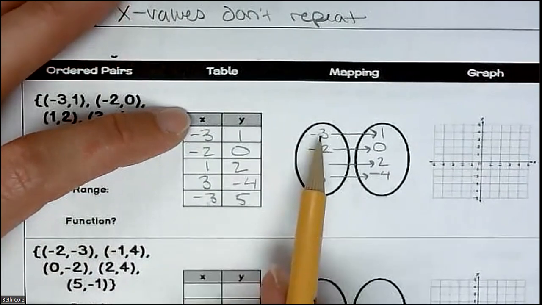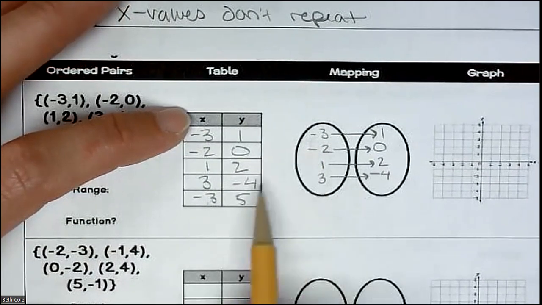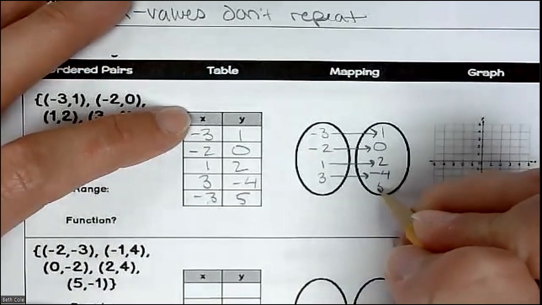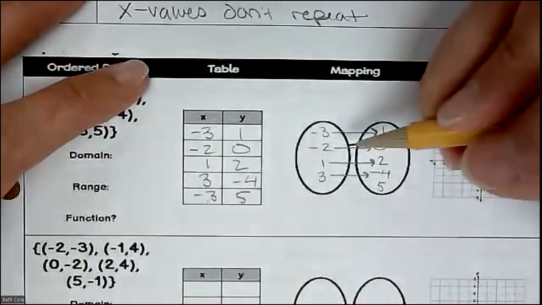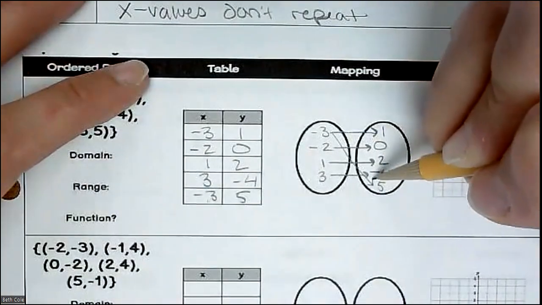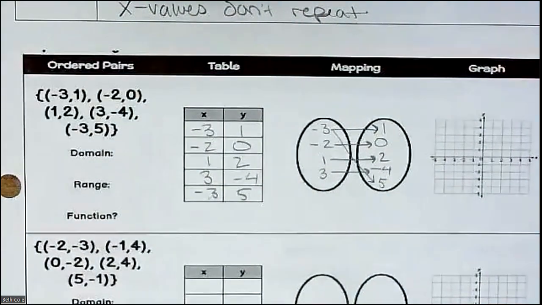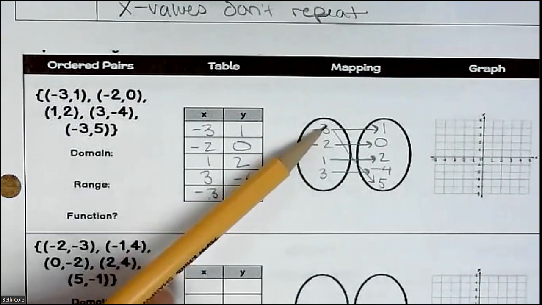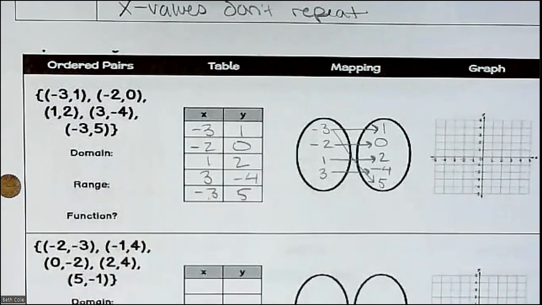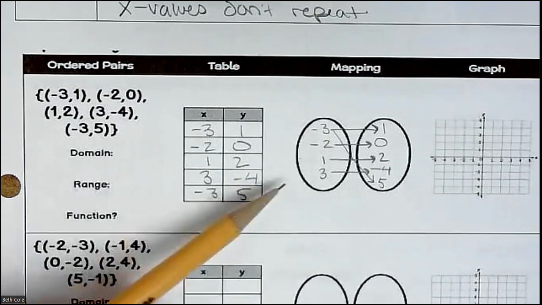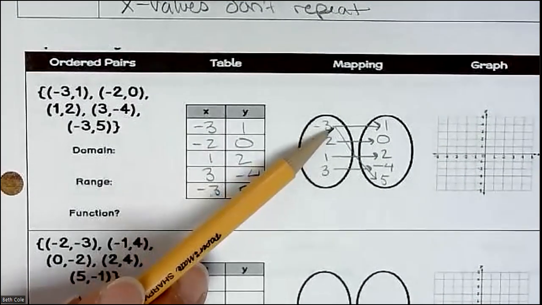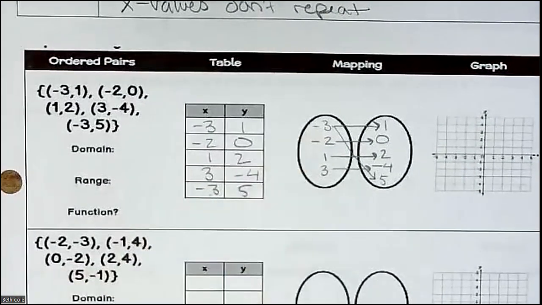Don't write it again because it's already there. Just put the 5 over here and draw another arrow. So you don't write the number a second time. You just draw another arrow coming from it. I just drew another arrow from the -3.